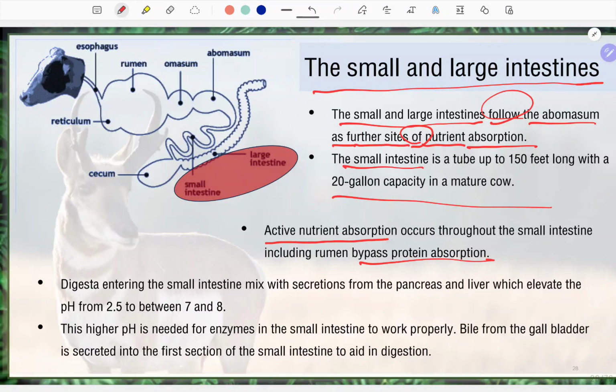Digesta entering the small intestine mixes with secretions from the pancreas and liver, which elevate the pH from 2.5 to between 7 and 8. This higher pH is needed for enzymes in the small intestine to work properly. Bile from the gallbladder is secreted into the first section of the small intestine to aid in digestion.